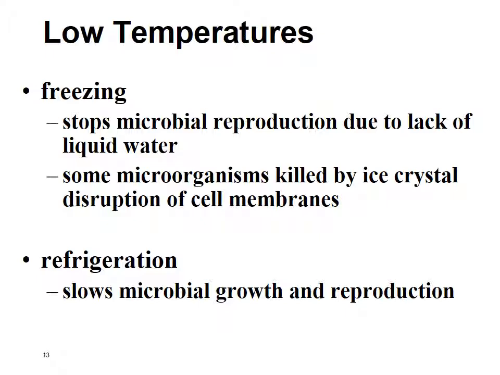Often the most convenient control technique is to inhibit the growth and reproduction of microbes by using either freezing or refrigeration. This approach is particularly important in food microbiology. Freezing items at -20 degrees Celsius or lower stops microbial growth because of the low temperature and the absence of liquid water.